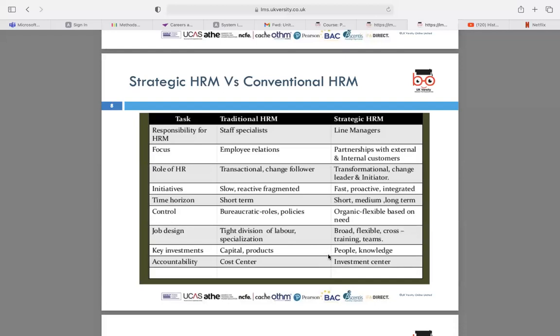Now, there have been different changes to policies and to the job design as well. First, it was a very tight division of labor. People had to stick to what they were doing and weren't given a lot of flexibility. But nowadays, there is a lot of flexibility. You have trainings, you have people going from one department to another and using all of the resources that they have.